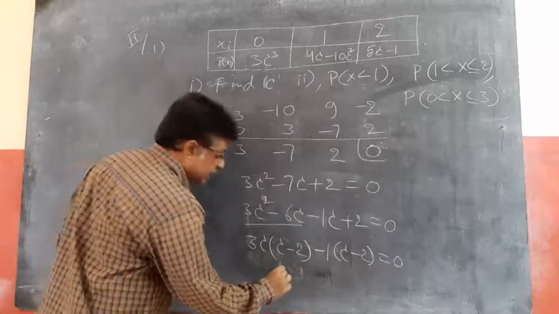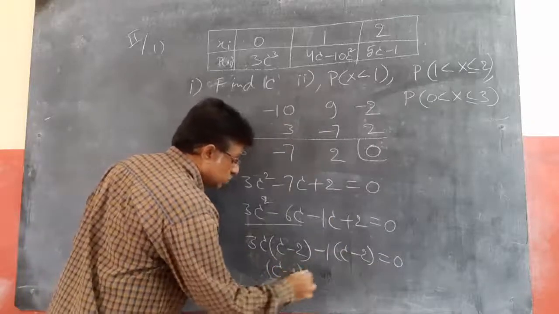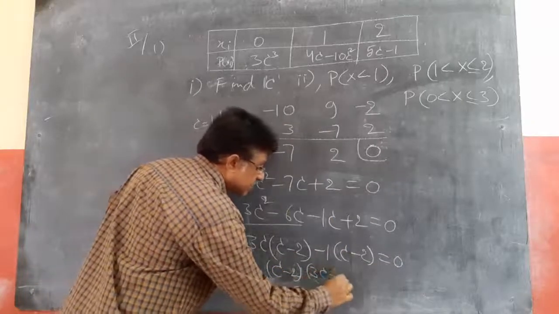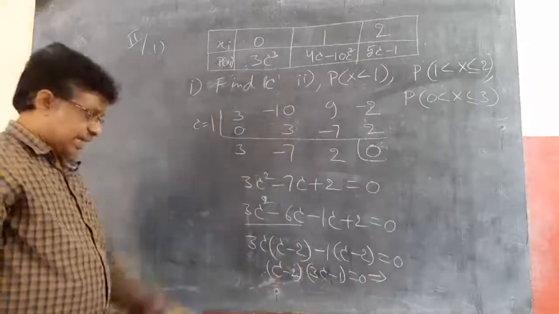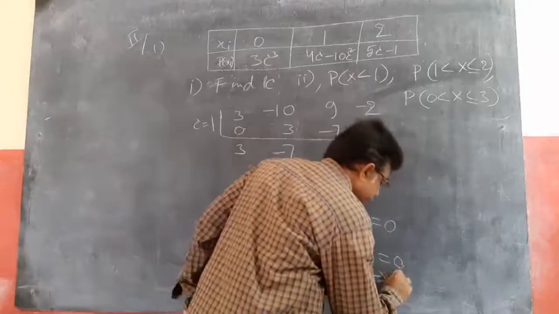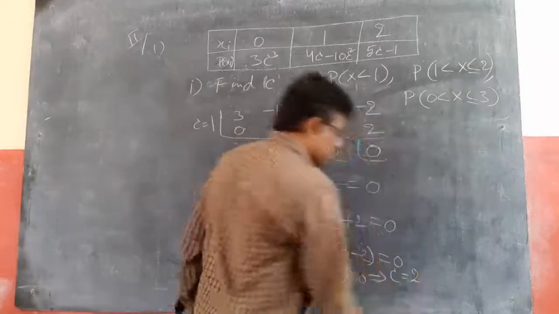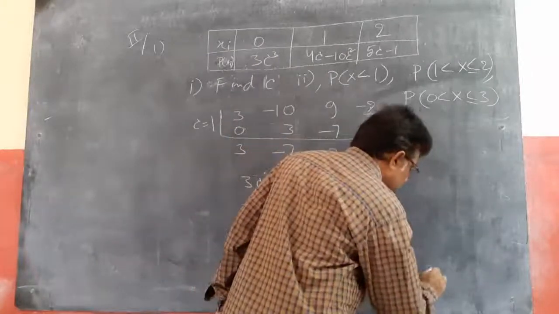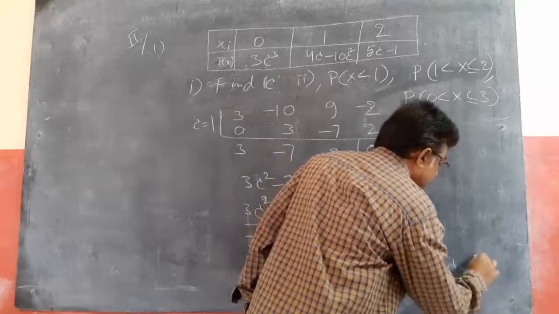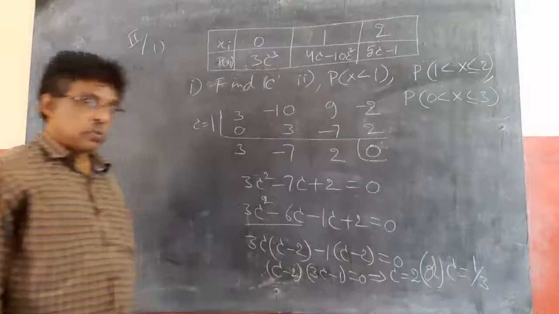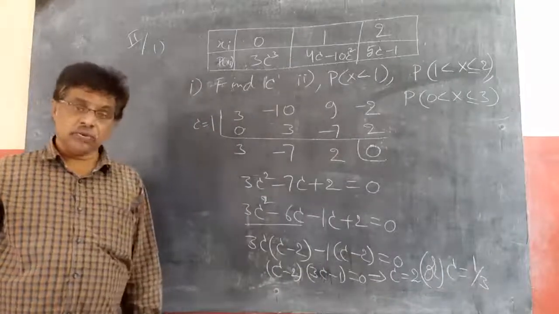Now taking c minus 2 common, we get c minus 2 into 3c minus 1 equal to 0. This implies either c equal to 2 or c equal to 1 by 3.